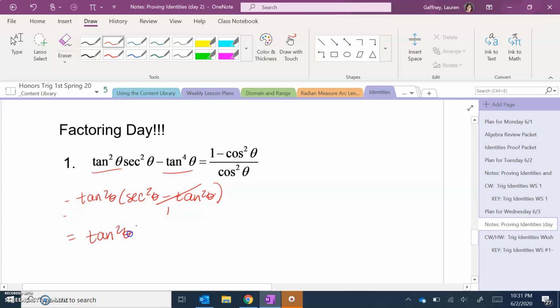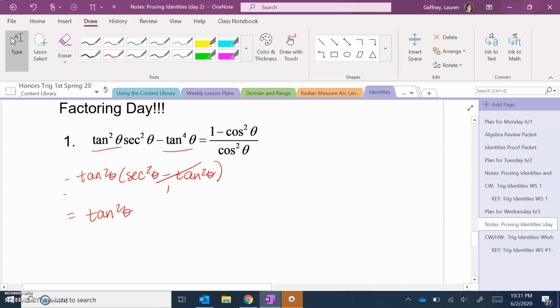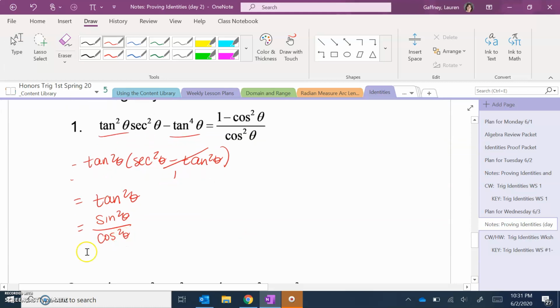So I have tan squared theta, and I somehow have to get that to stuff with cosine in it. So let's rewrite this in terms of sines and cosines. Tan squared would be the same as sine squared over cosine squared. So I have the denominator. Ooh, sine squared is the same as 1 minus cosine squared. So it's all about that chart and using things that are equivalent in that chart.